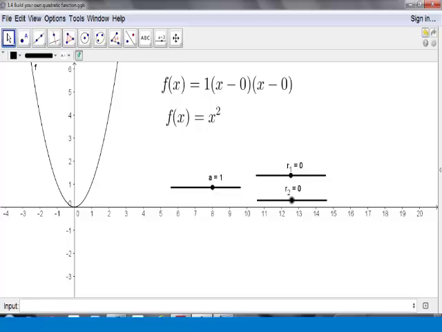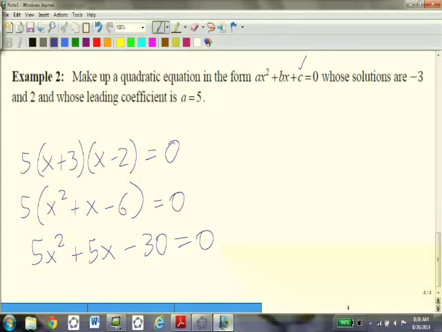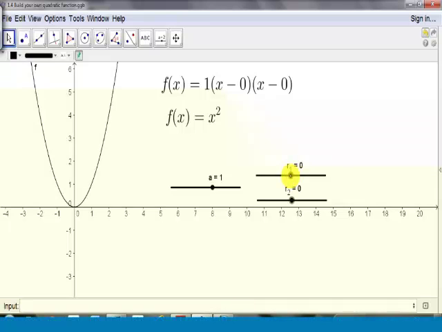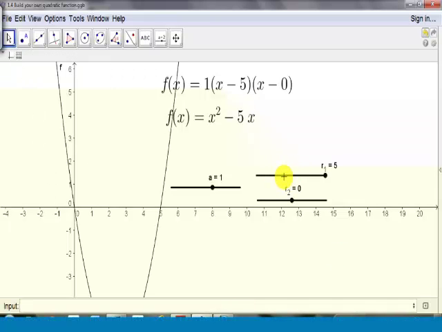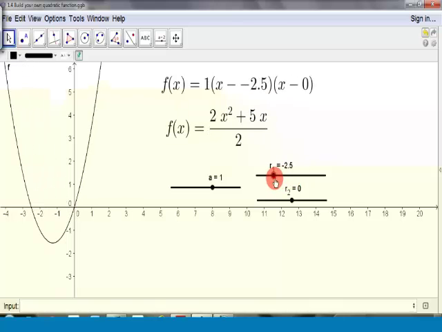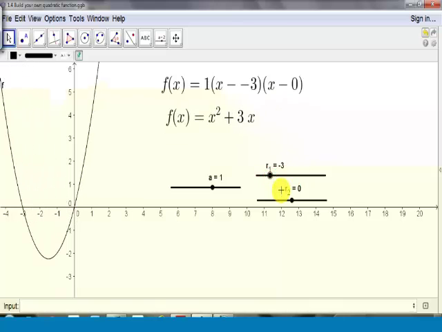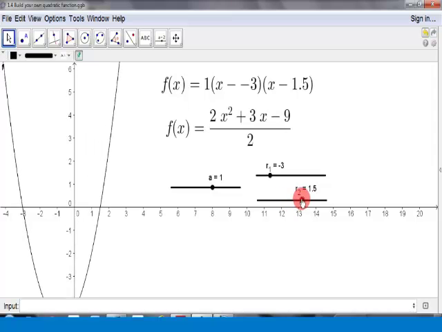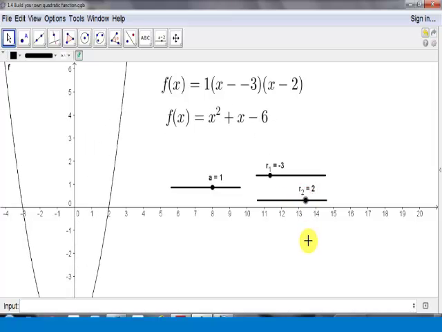So the one we had, if we specify that negative 3 needs to be a solution, that does that for us. If we specify that positive 2 needs to be a solution, that does that for us.